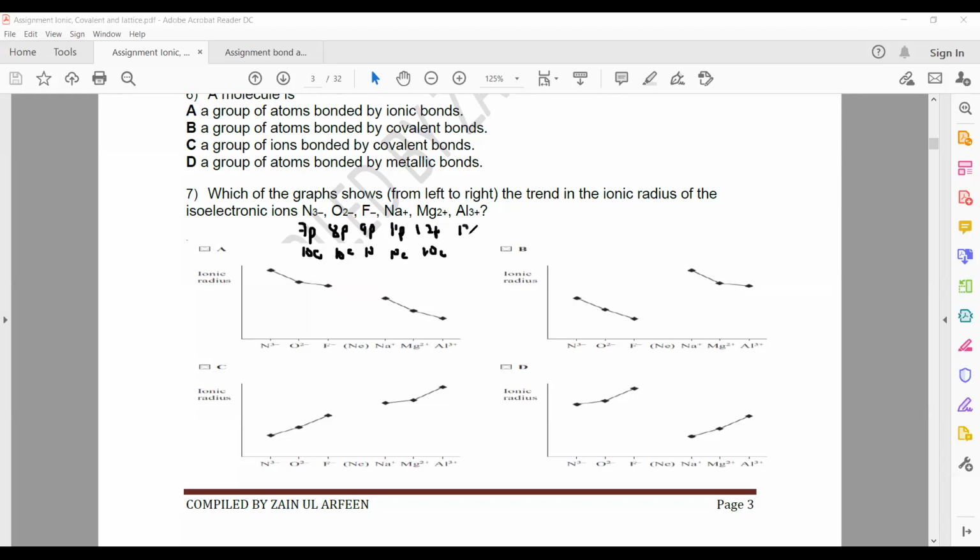And aluminum, 13 protons are attracting 10 electrons. So you can see more electrons than protons, so each electron experiences less force, so greater size. So nitrogen size will be larger than oxygen, oxygen larger than fluorine, fluorine larger than sodium. Why? Because more protons, fewer electrons, so each electron experiences a stronger force. And magnesium has 12 protons and 10 electrons, so that's why A is the correct answer.